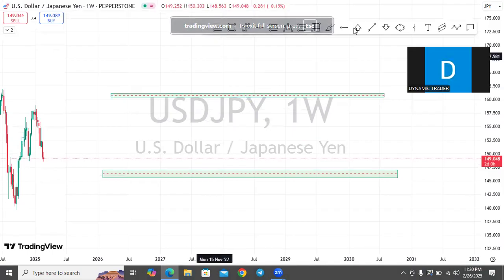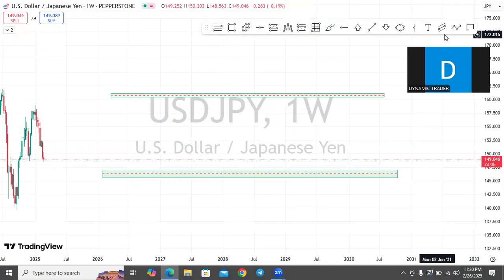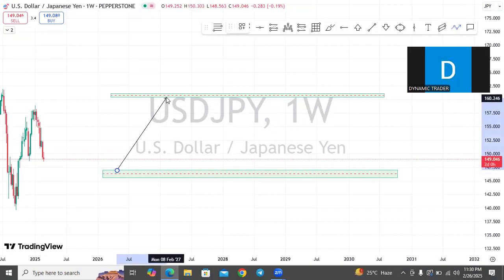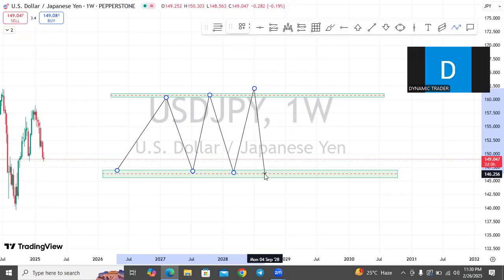And you know that the market moves this way, making swing high, swing low, swing high, swing low, swing high. Sometimes it can go above like this, then come back this way, continuously.